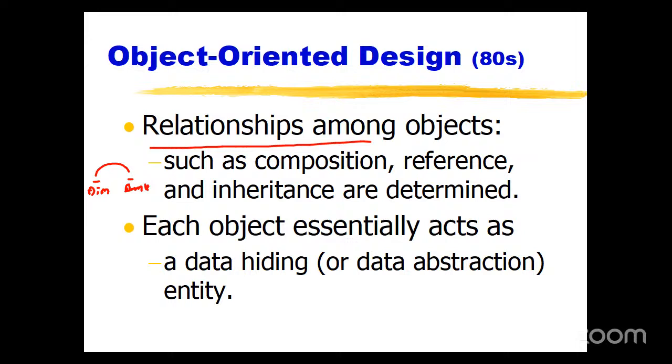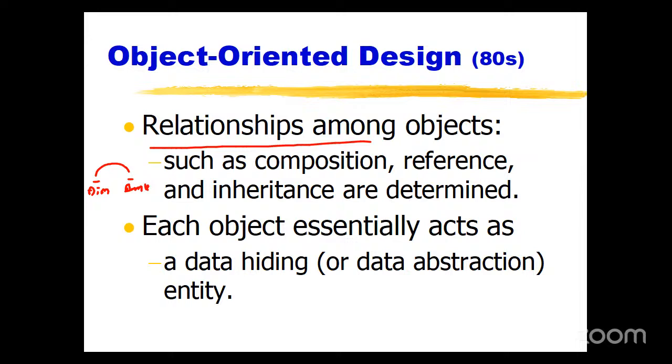If you are maintaining an account in SBI Bank, it is a one to one connection. If you are maintaining accounts in more than one bank, then it is a one to many connection. So you are identifying the objects, and then the relationship between those objects: one to many, many to one, many to many. Like that, you are identifying the relationship amongst those objects, right?